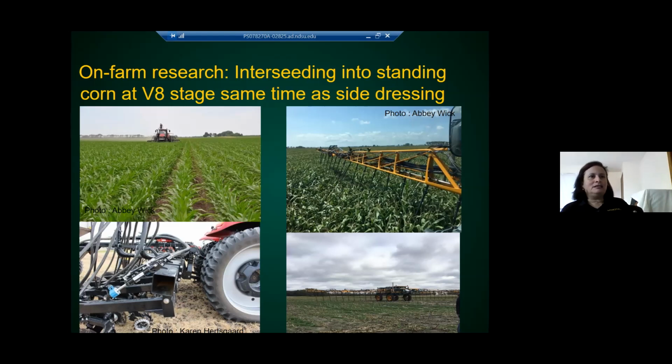And these broadcasting or aerial systems have the disadvantage that you cannot use cover crops with large seed. You couldn't do peas, fava beans, or soybeans, nothing with a large seed. While with this interseeder, this is a planter, so you can plant any size crop.